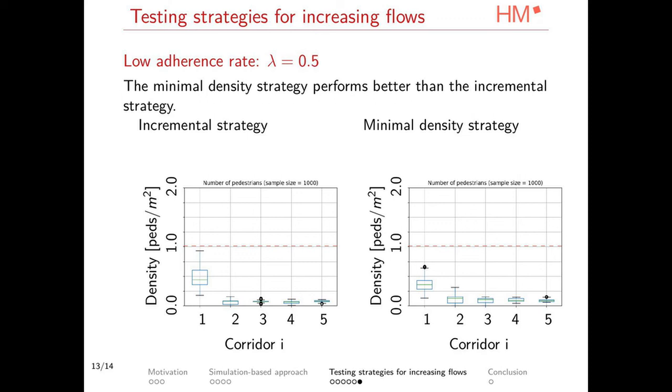This is true for corridor 1. Also, the spread in the data is larger. For both strategies, the densities in corridor 1 are higher than in the remaining corridors. However, the difference is smaller for the minimal density strategy. So this is why the minimal density strategy performs better than the incremental strategy when the adherence rate is low.